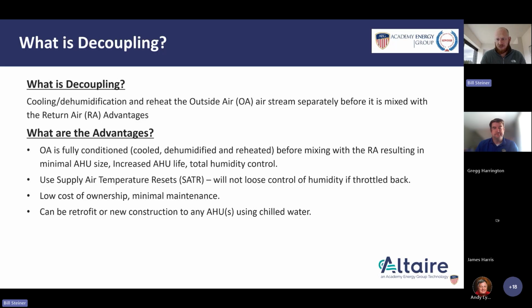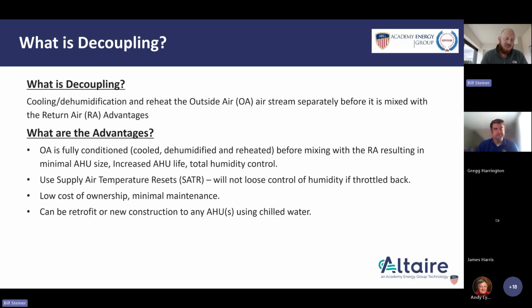And I have a couple examples of peak and part load days where we compare decoupling with mixing the airstream before, and you'll see it's much more efficient because, simply put, if you think about how much outside air we're bringing in, again, typically 20%, it takes a lot less energy to treat that 20% of outside air before I mix it with the other 80% return air than to have to treat 100% of my supply air volume.